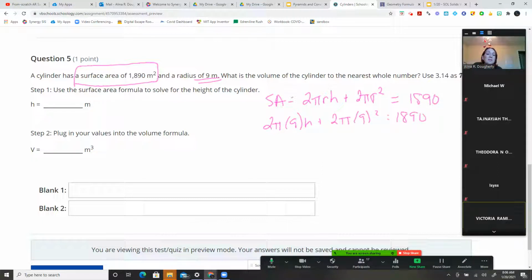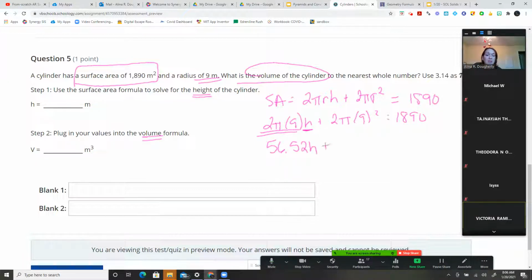All I'm doing is substituting, and now I'm looking for the height, because the question is, what is the volume of the cylinder? I've got to use the surface area to find the height. That's step number 1, and then use the height to find the volume. It looks a little intimidating, but I can do 2 times pi times 9, which is 56.52h.